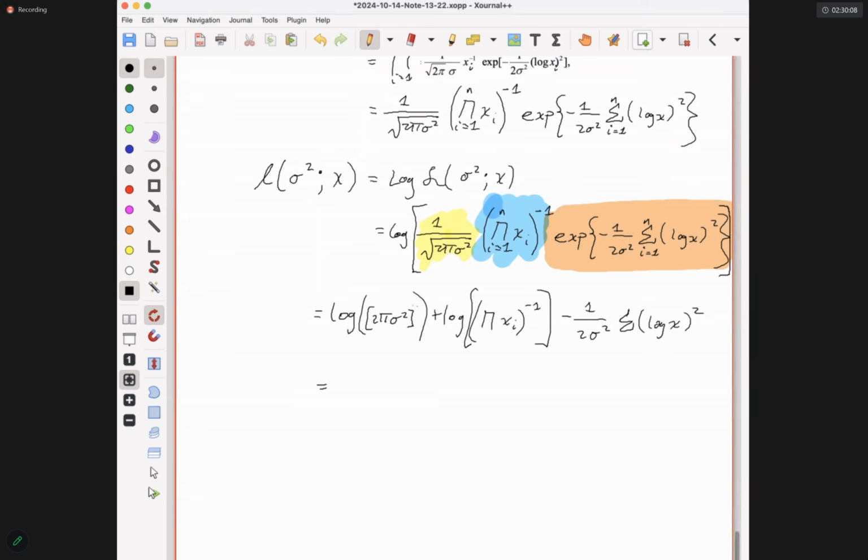So how do we simplify this one? This is another application of log of y to the a is equal to a log y.